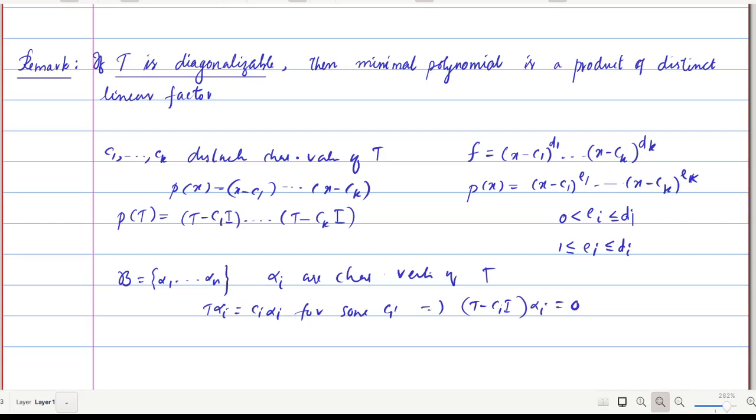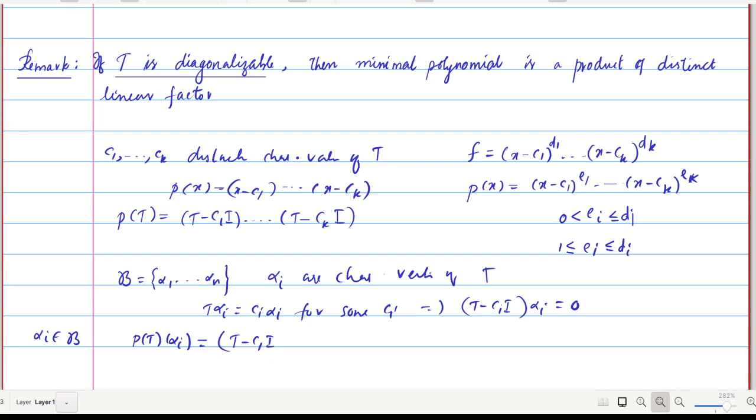That means if you choose an alpha i belonging to B, then p of T of alpha i can be written as (T minus c1 I) etc. You can arrange these terms in any manner because polynomials form a commutative ring, and this contains only the linear operator T, so you can easily change the positions of these factors.